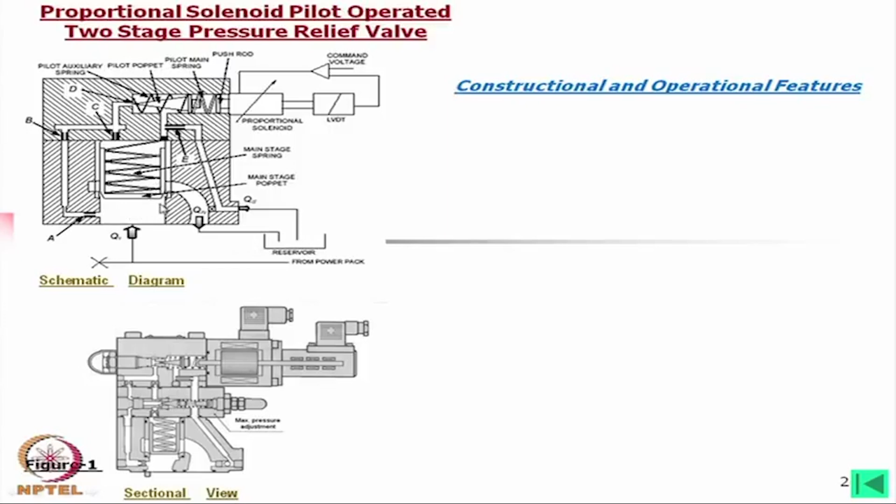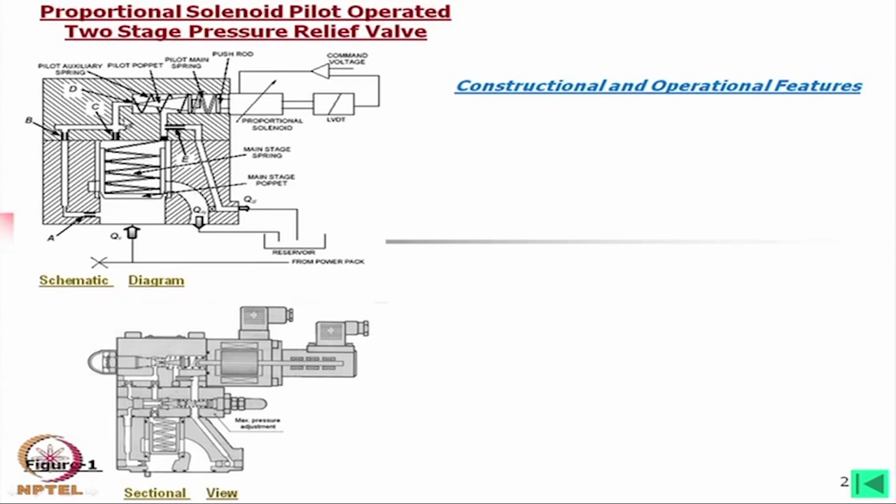Otherwise, in the normal case you will find that here there will be a pressure drop, and if it opens too much, the pressure here and the pressure here will be the same, that means almost 0 pressure, but on this side the pressure is automatically there. If it tries to be 0 pressure, then again it will be closed like that.